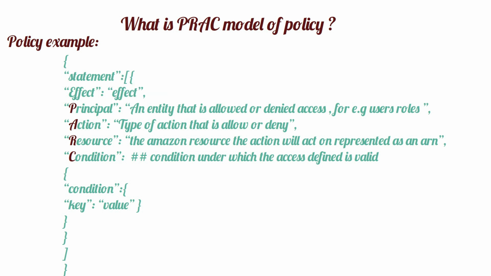Principal is an entity that is allowed or denied access, for example, users or roles. Action is a type of action that is allowed or denied. Resource is the Amazon resource the action will act on, represented as an ARN. And the condition under which the access defined is valid.